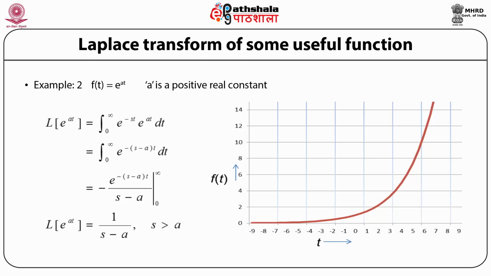Once you apply the integration, it will become minus 1 by s minus a outside, then you will get e power of minus of s minus a times t applied between 0 to infinity. When you apply the limits, you will get Laplace of e power at equal to 1 by s minus a, s greater than a.